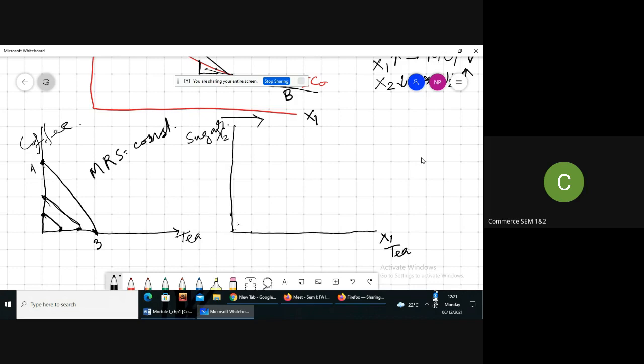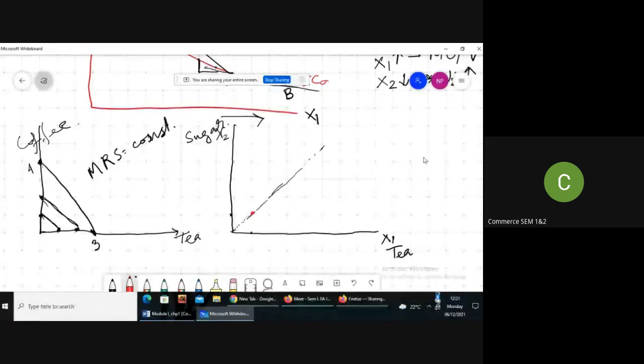then draw a straight line like this from the origin. Okay. Now you take this point. So here what the consumer is getting is 1 cup of tea and 1 spoon of sugar. So the consumer can use both sugar and tea and make a perfect cup of tea.